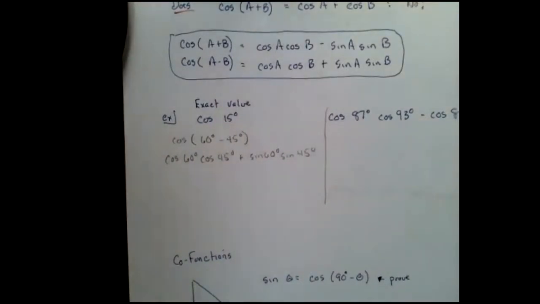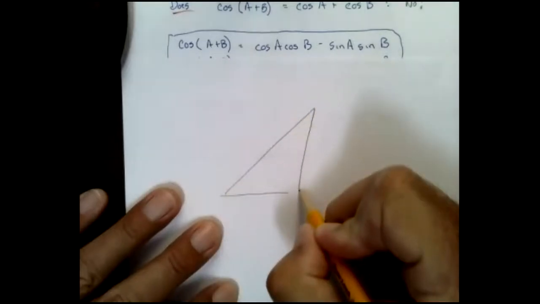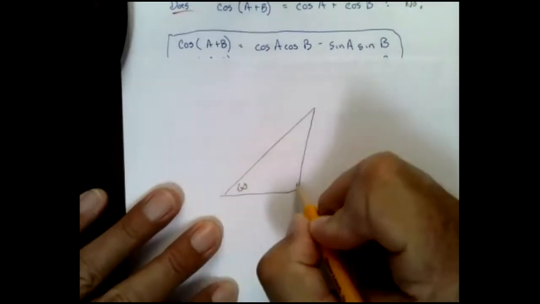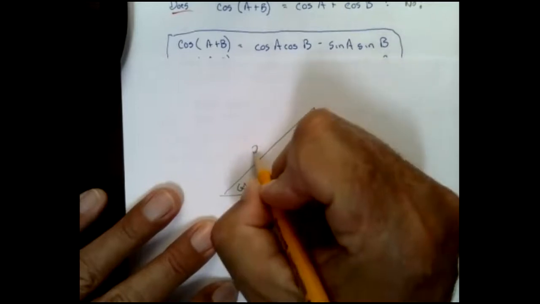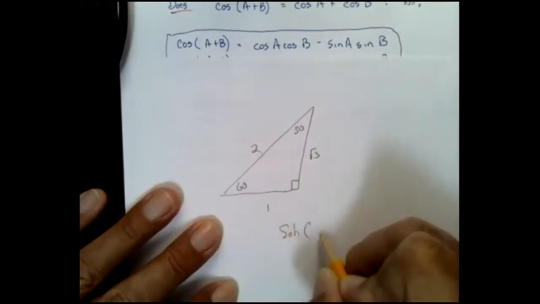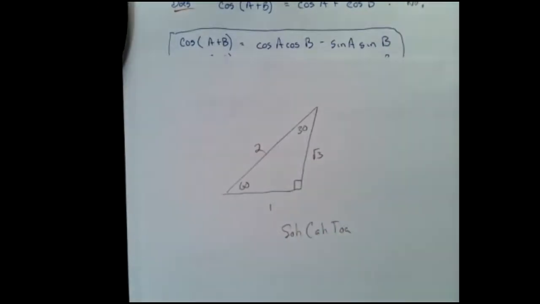Cosine of 60. 60, 30, 90 triangle: 1, square root of 3, 2. You notice once again, we're building on something that we've learned before.